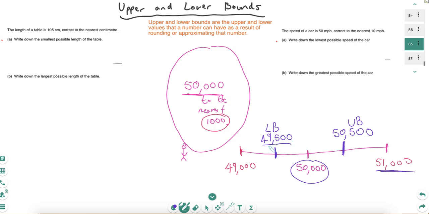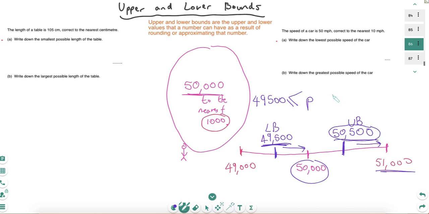Because if we round 49,500 to the nearest 1,000, it'll go to 50,000. If we do anything less than 49,500, it'll round down to 49,000. So we can say the least possible number of people is 49,500. The number of people must be more than or equal to 49,500. And 50,500 is our upper bound. If we round 50,500 to the nearest 1,000, it'll actually be 51,000, so it has to be anything less than this number.